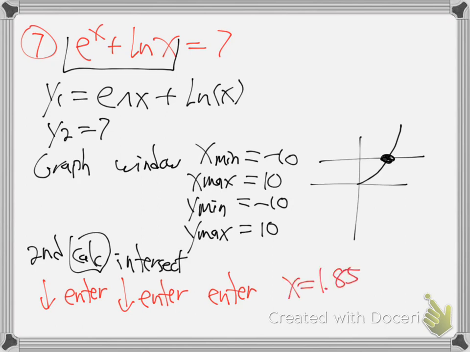So sometimes you have to hit down arrow before you hit enter, because that'll jump it to the other graph. It's basically asking you what's the first graph, what's the second graph, and it's moving the dot around. And then I got my answer on that one.